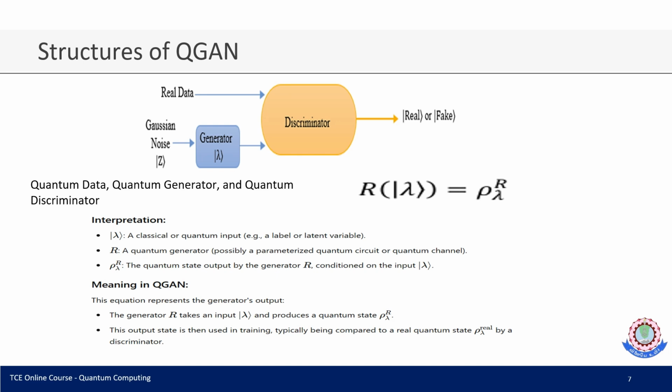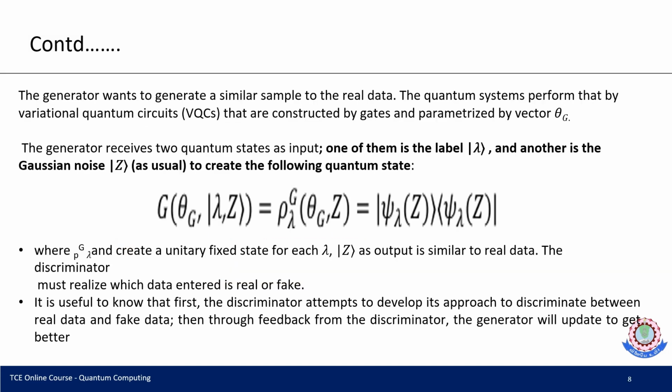Rho lambda is the quantum state output by the generator, conditioned on the input ket lambda. This equation represents the generator's output. The generator G takes an input ket lambda and produces the quantum state rho lambda G. This output state is then used in training, typically being compared to the real quantum dataset by a discriminator.